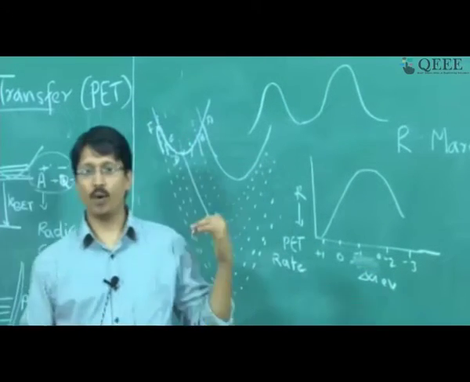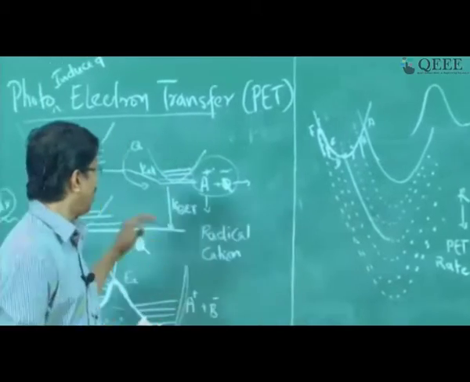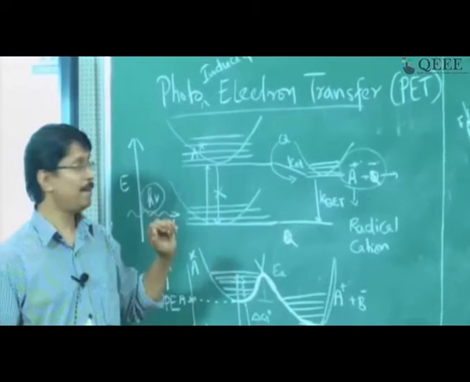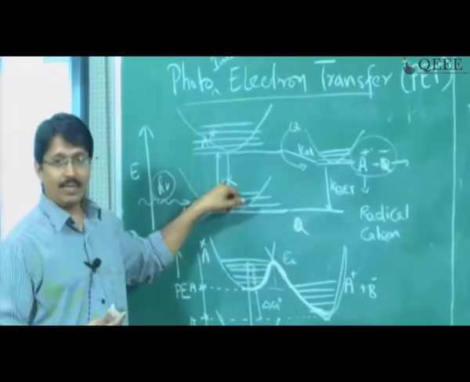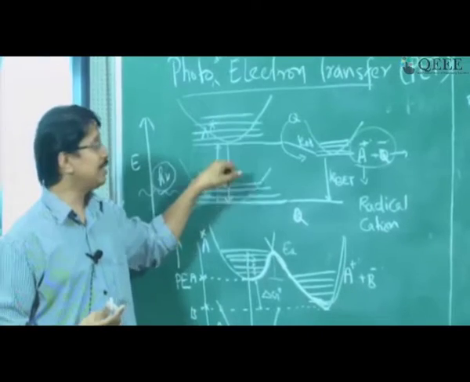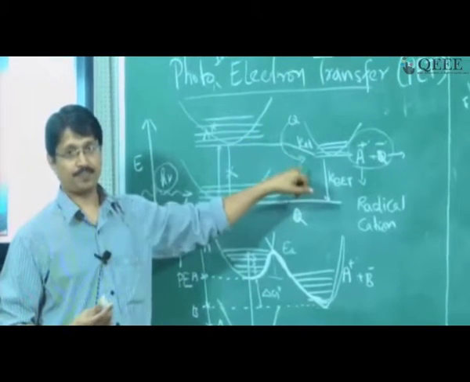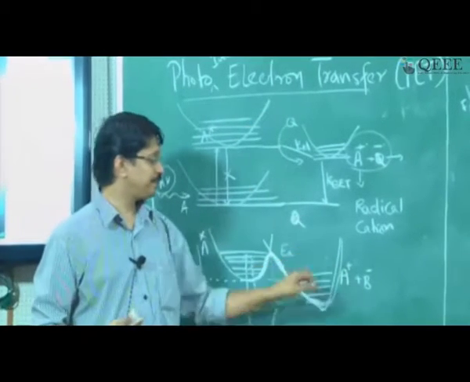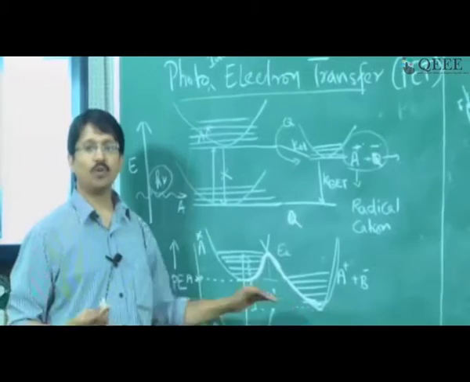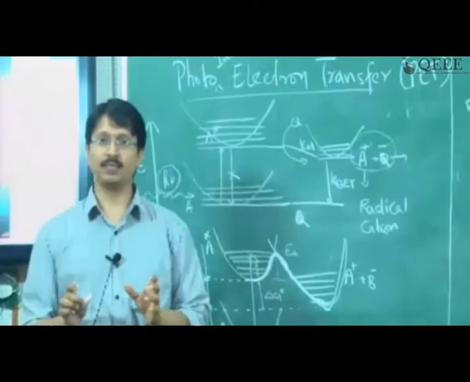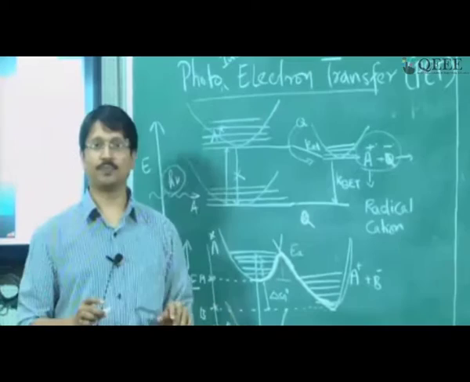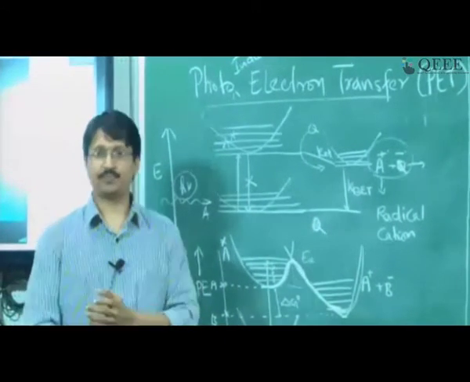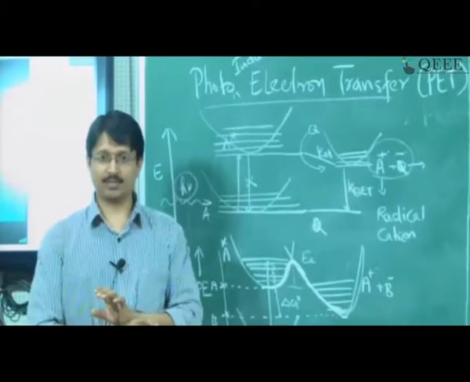Now in our context, why it is important is, when we are developing a sensor based on fluorescence, our intention is that the fluorescence intensity will decrease as a result of electron transfer. Whether electron transfer will happen or not depends upon delta G. So when you design these donor and acceptor systems, A and Q, we may go for a very negative delta G, thinking that it will quench the fluorescence.